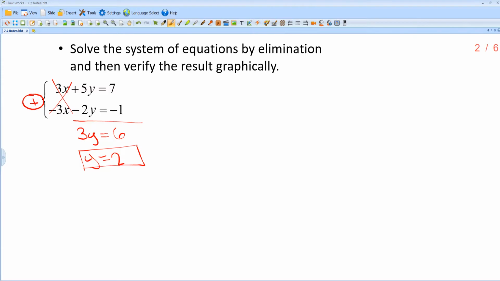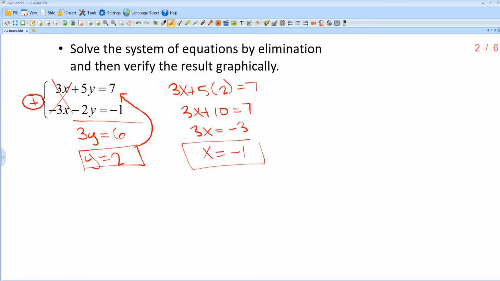And now, just like the final step that we had in the substitution method, we substitute that back into either equation. I'll pick that top equation for no reason other than it's on the top, so why not? We'll have 3x plus 5 times 2 is equal to 7. We get 3x plus 10 is equal to 7. So 3x equals -3 and x equals -1.